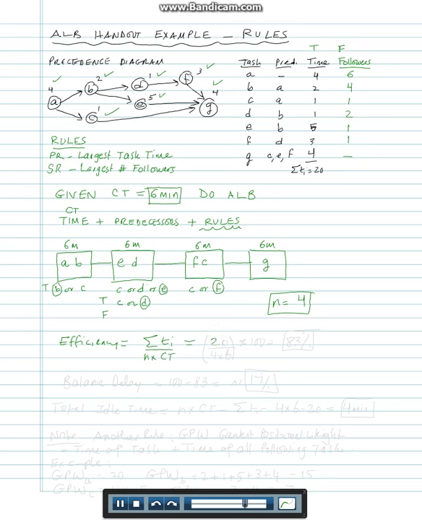So that would be 20 over 4 multiplied by 6, multiplied by 100. That would be 20 over 24. So that's 83% approximately.